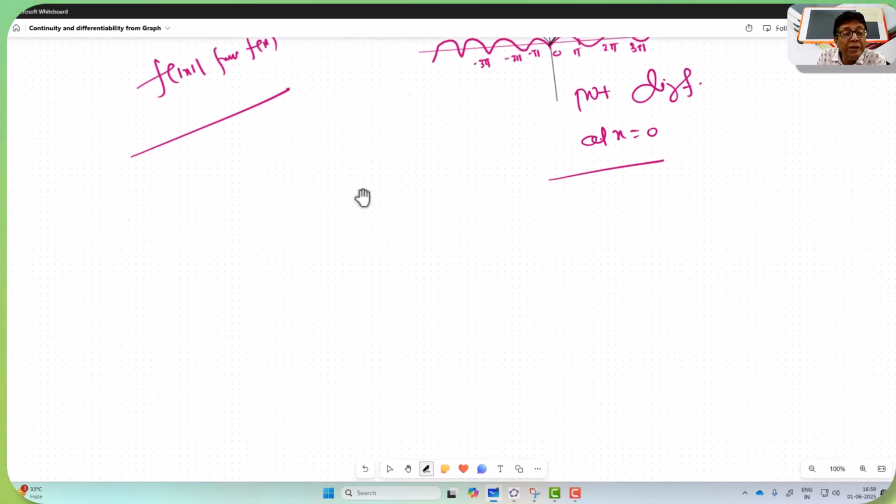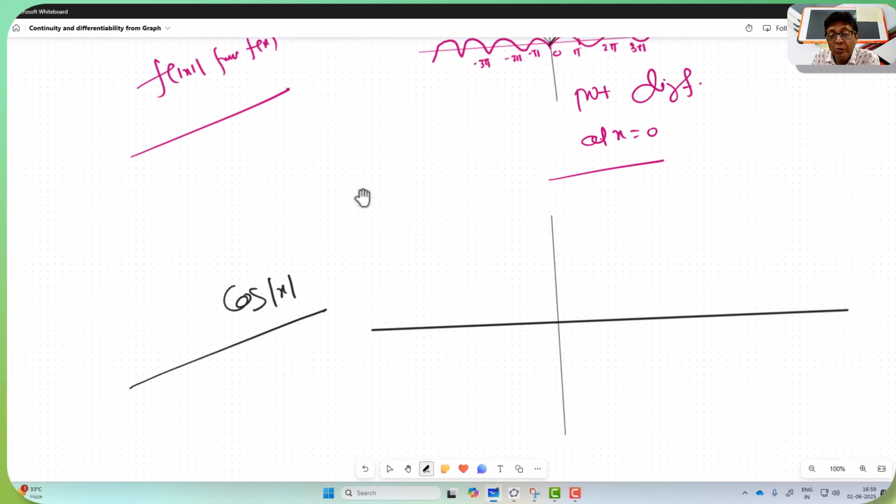For cos of mod x, what happens? For cos of mod x, there is no problem. You draw the cos x function graph first. Like this.